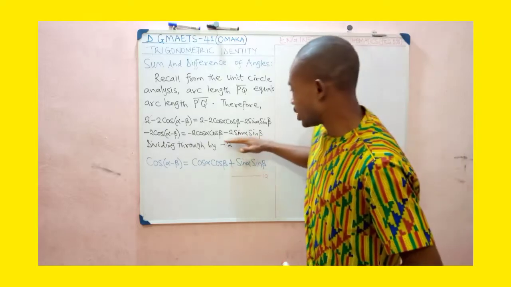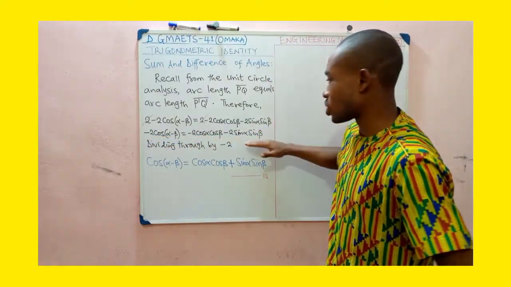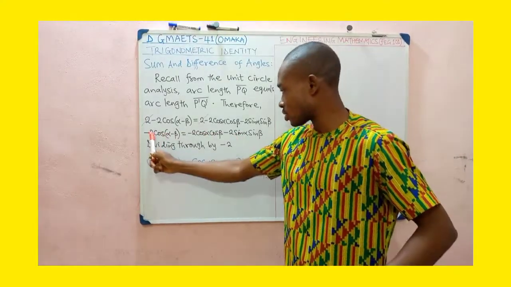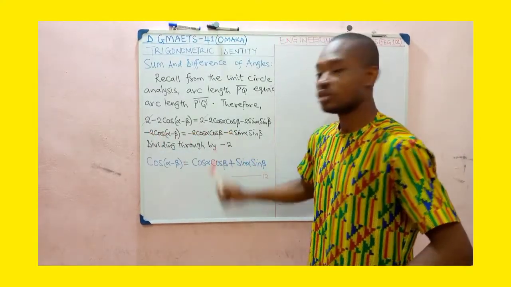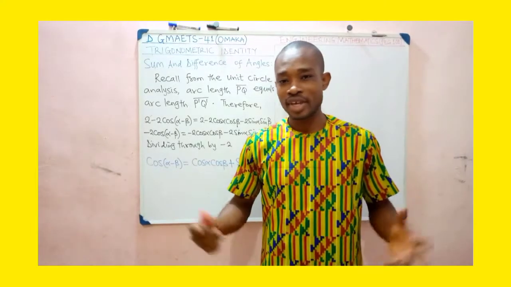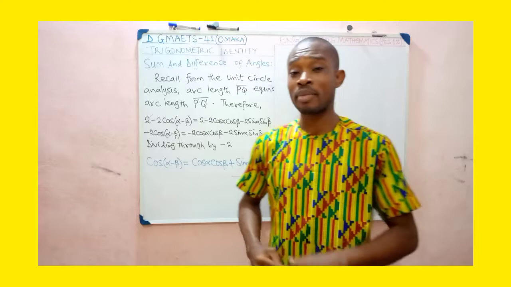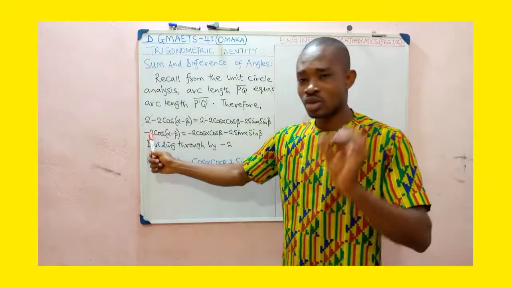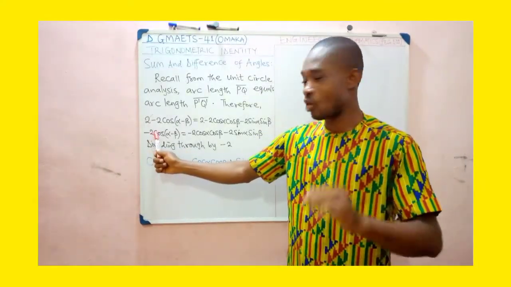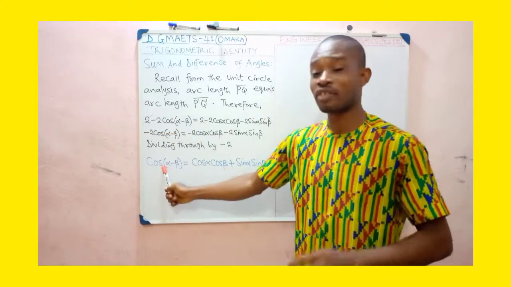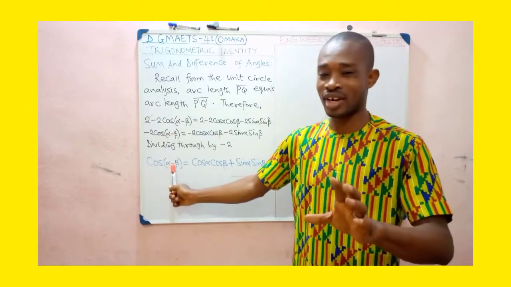What do you notice is common to all these terms, the 3 terms we have on the board here at this point? Minus 2 is common to the 3 terms. So we can divide through by minus 2. And if we divide through by minus 2, this minus 2 would become positive 1. 1 times cos alpha minus beta will give us cos alpha minus beta, which we are deriving.